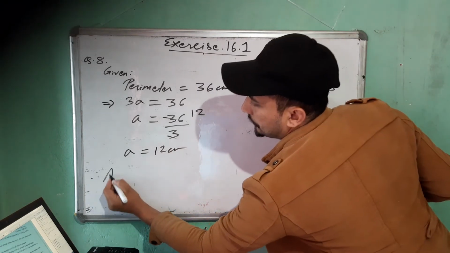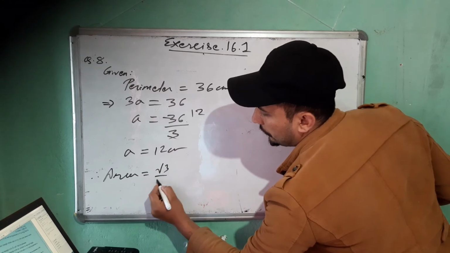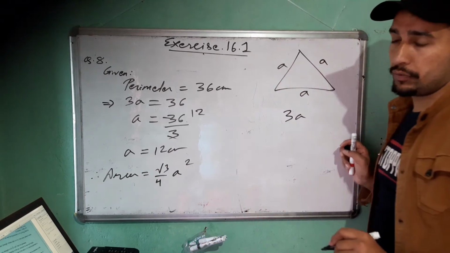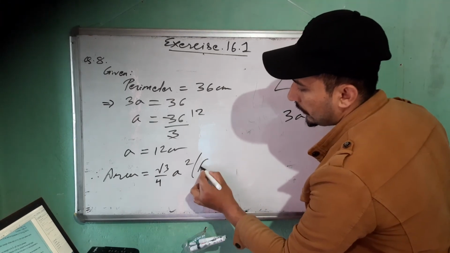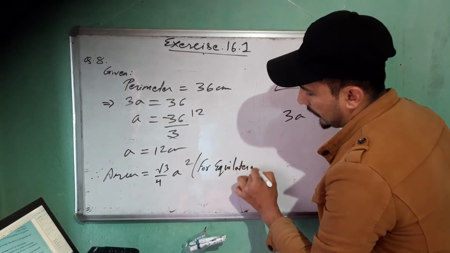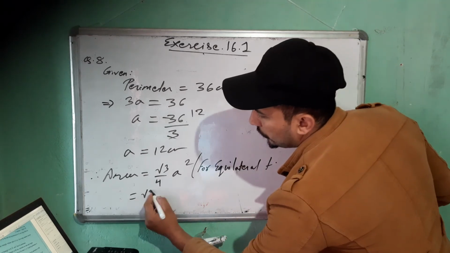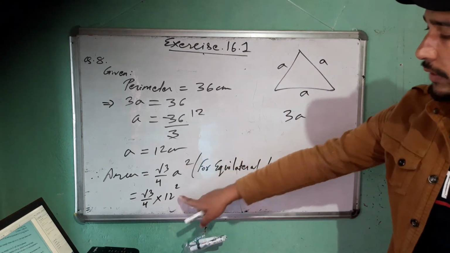Therefore, area is equal to root 3 by 4 A square. This is the formula to find the area of an equilateral triangle. So root 3 by 4 into A square, 12 square.